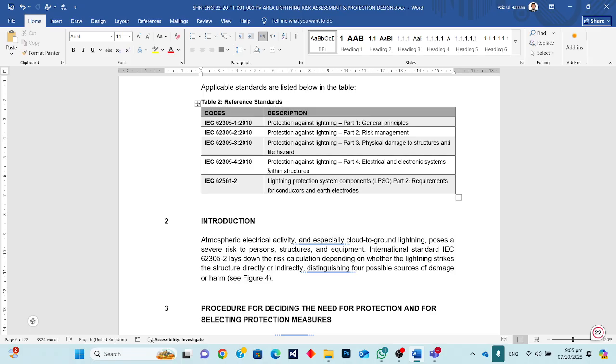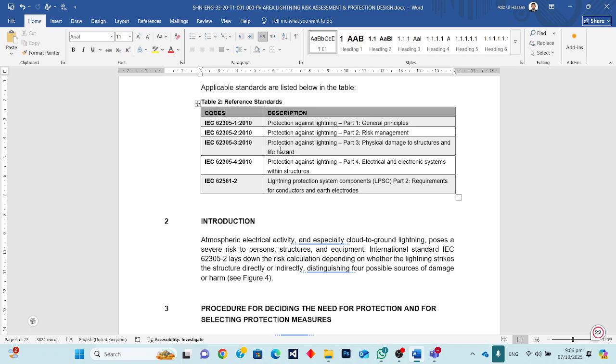The first part gives the general overview and the main preparations. The next part is related to the management systems. The third part is the physical damage to structures and life hazards. The fourth part is related to the electrical and electronic systems within the structures.